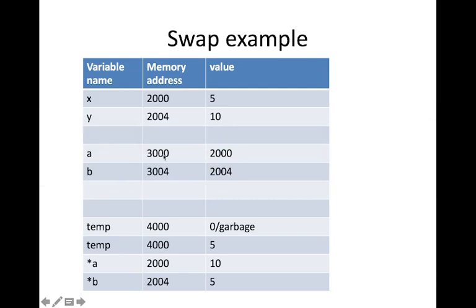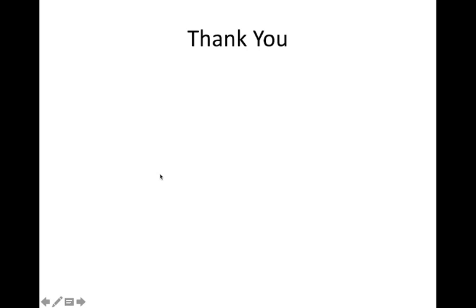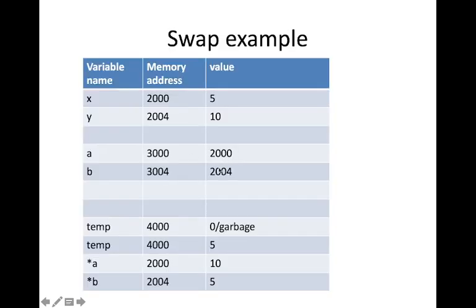So a's actual address will be 3000 and 3005, and inside that the value will be 2000 and 2004. That is, a contains address of x, so a will be stored in some address location, and in that a, the value will be the address of x. And in b, y's address will be stored here.